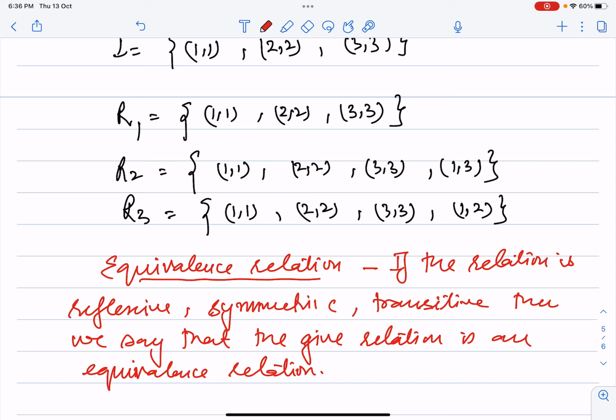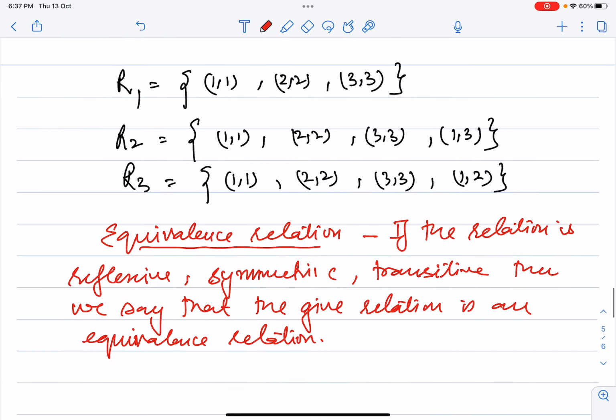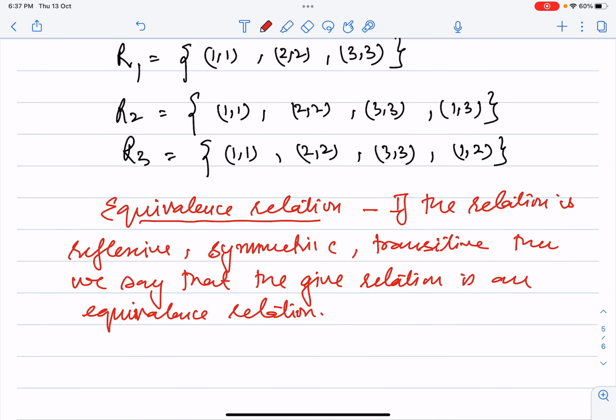So in my next class, I will be doing some more problems in which we will explain further the equivalence relation, how exactly we have to do it. And also there are topics like how to find the number of reflexive relations, number of symmetric relations, like this. So we will be doing these in our next video.